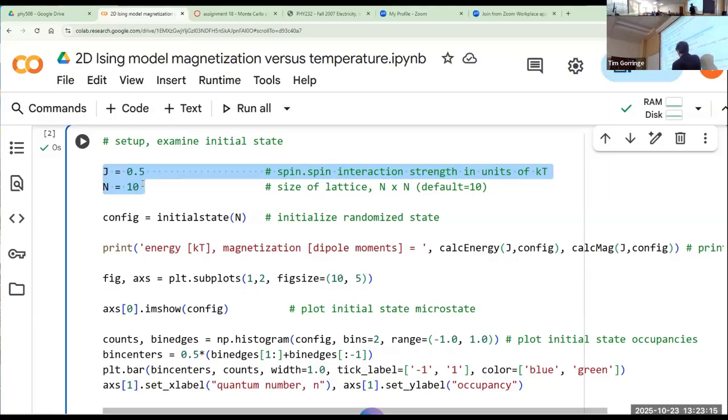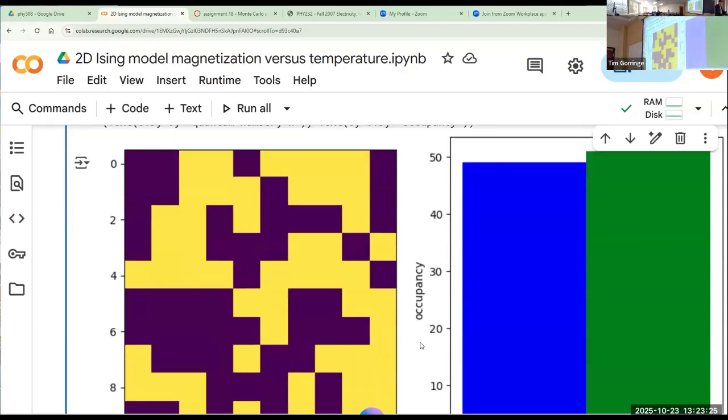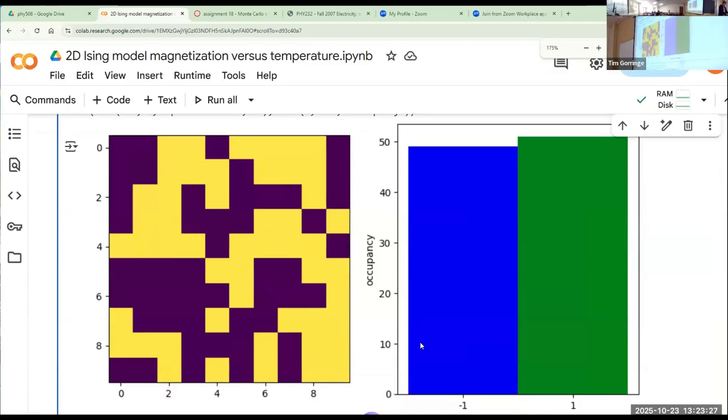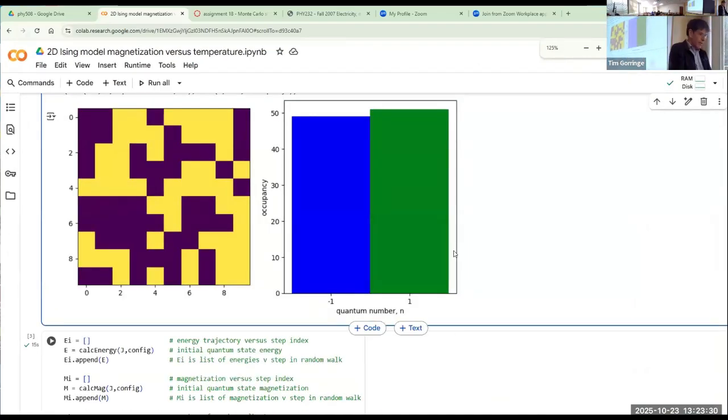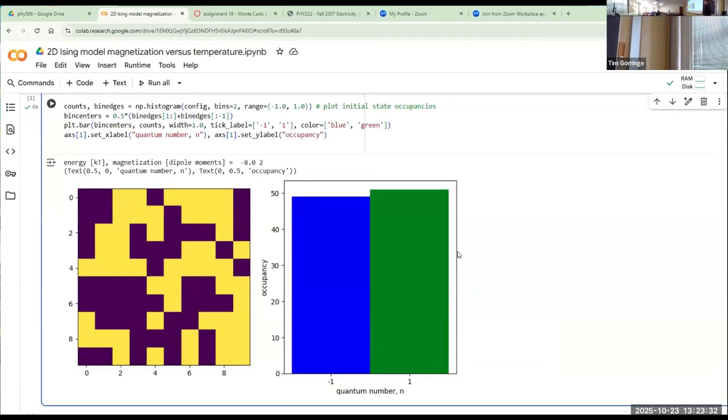I'm just going to make a couple of plots to show you this initial state, and I'll use these plots later on also. So this plot here is literally the 10 by 10 array, where I think yellow is +1, spin up and magnetization up, and blue is spin down, magnetization down.